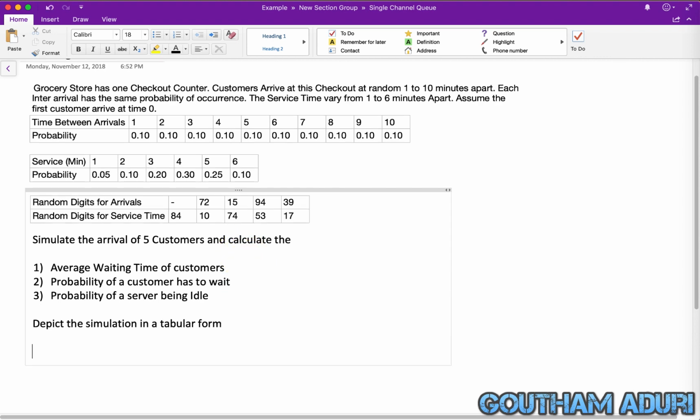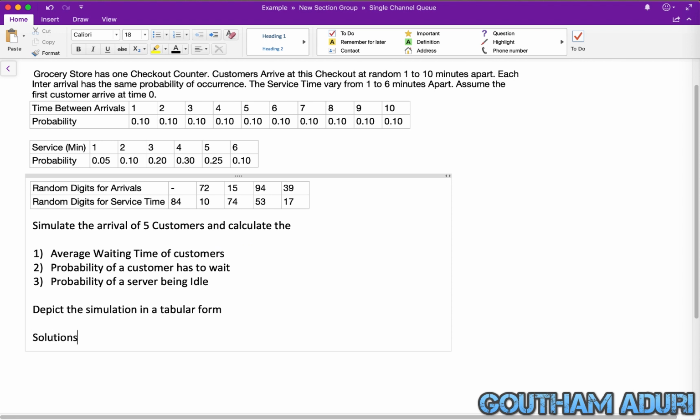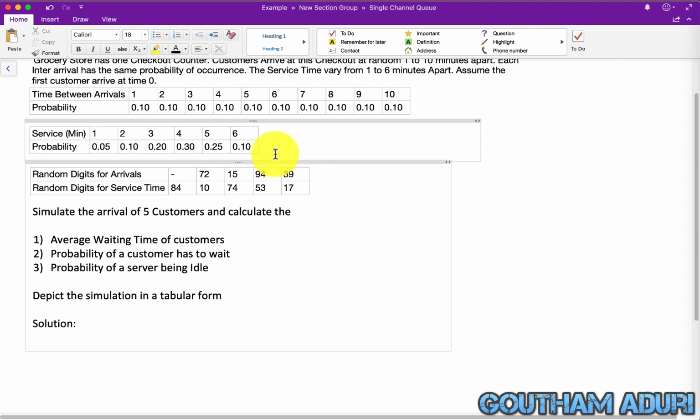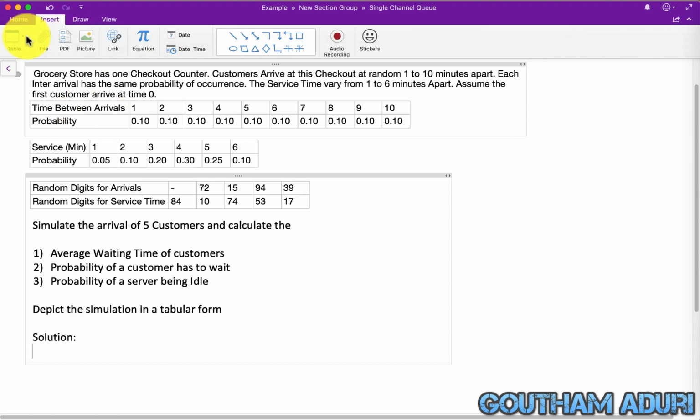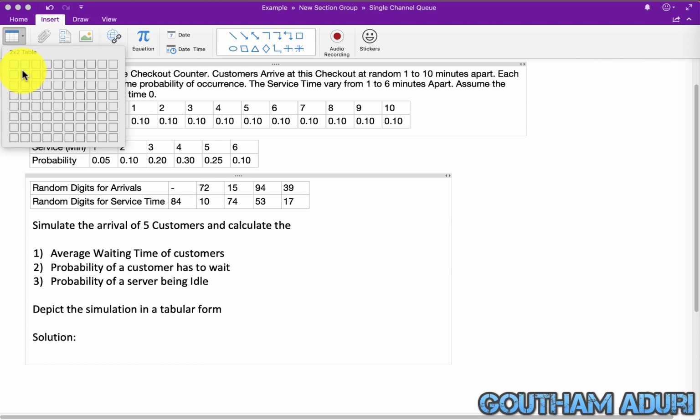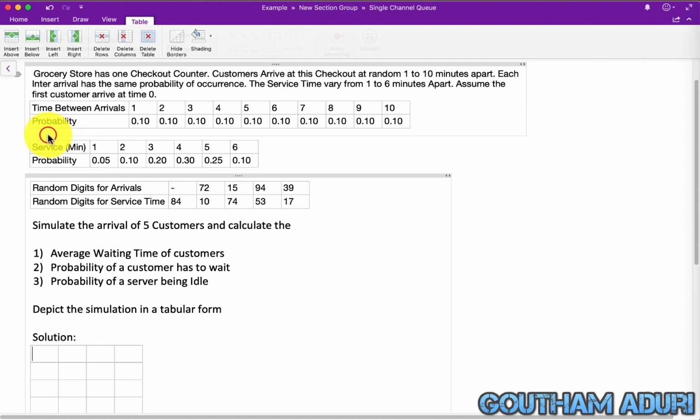First I will start the solution. The first thing is time between arrivals, with the probability of occurrence; you can start either from 1 or 0. The first inter-arrival time will always be 0. So I will create a table. Insert a table with 4 columns.